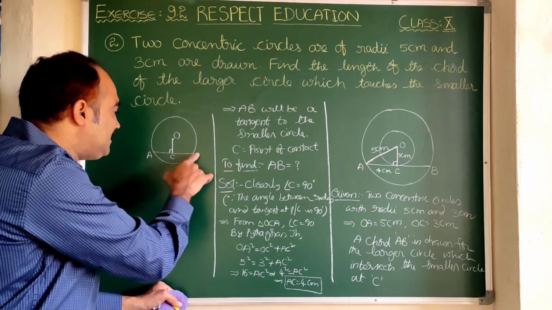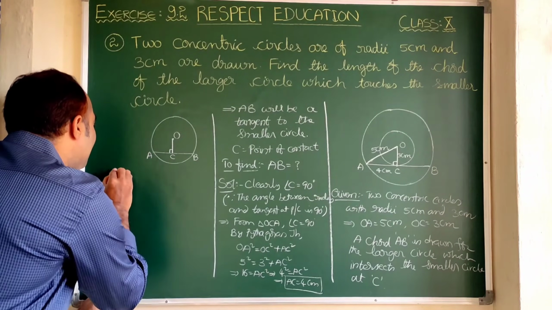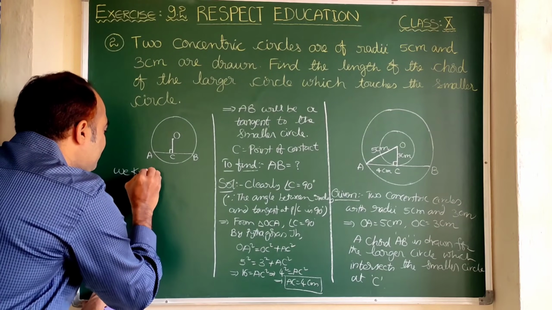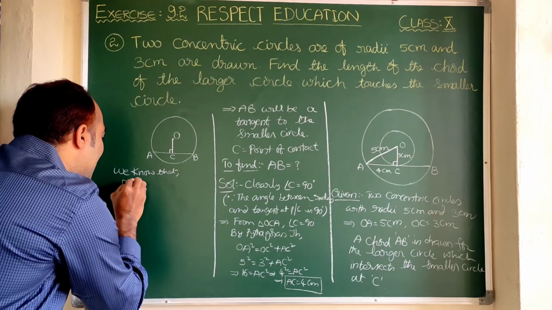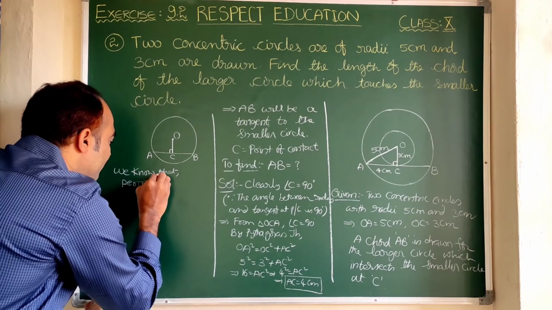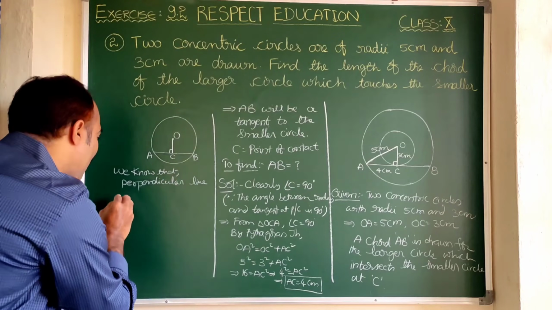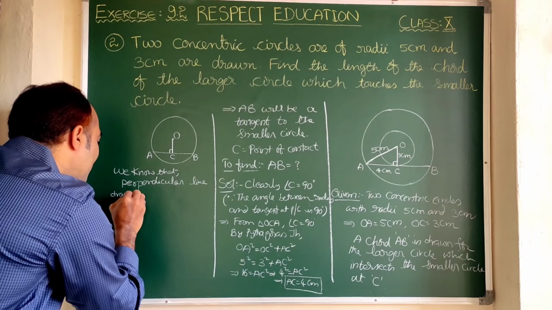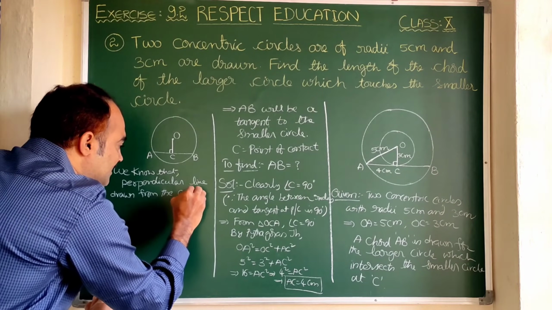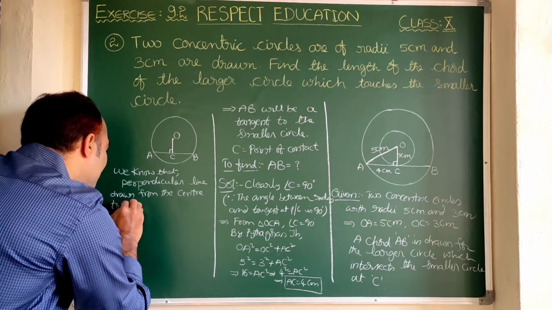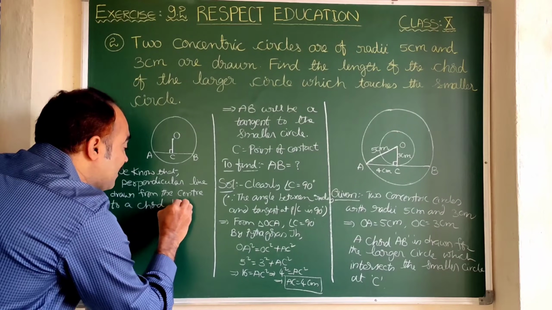Here you see AB is a chord. This is a perpendicular line. So here we can write that we know that a perpendicular line drawn from the center to a chord bisects the chord.